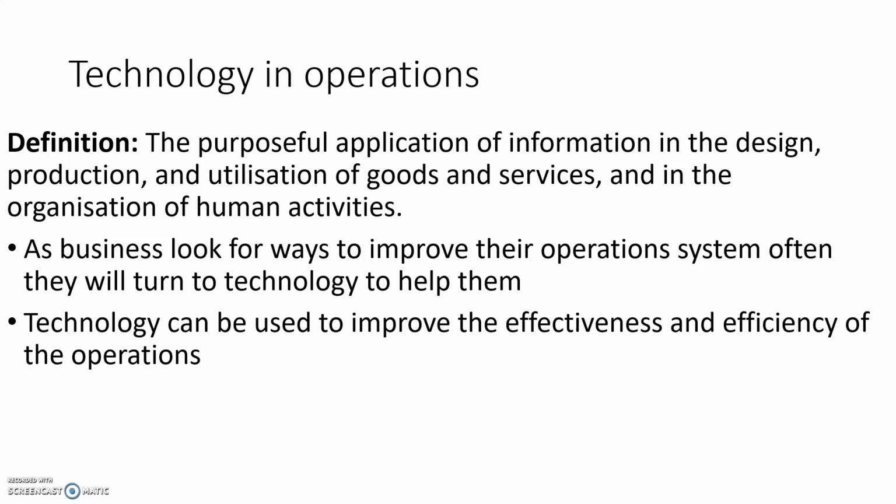Basically, what technology is, it's using information to produce, to design, to organize different things. So that's the purposeful application of all of those different things that we do to do things more efficiently.